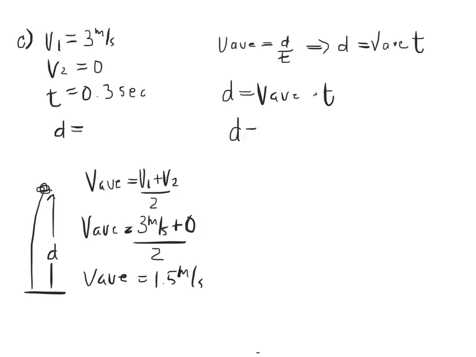So d is going to be 1.5 meters per second times 0.3 seconds. And if I do calculate 1.5 times 0.3, I get 0.45 meters. So it goes up about half a meter.